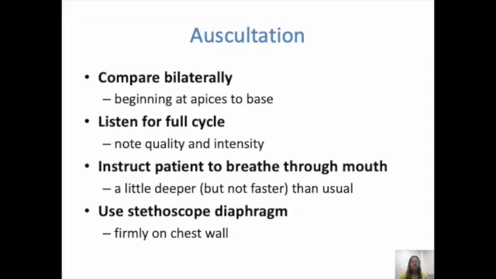Maybe it's the patient's own chest hair rubbing against your stethoscope, and now you think you're hearing pleural effusion or something like that. So make sure that your stethoscope is on their skin, although you will see healthcare providers listening to breath sounds over gowns, paper gowns, and clothes. I would like to see that you're touching the skin with your stethoscope.